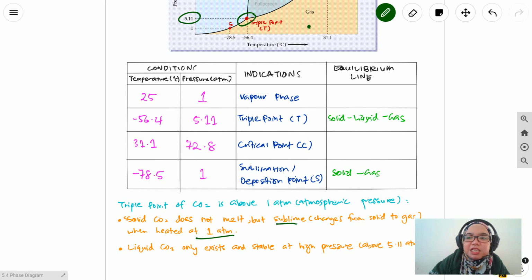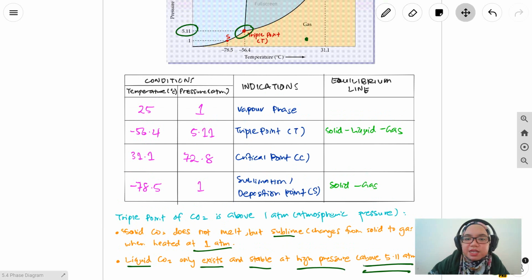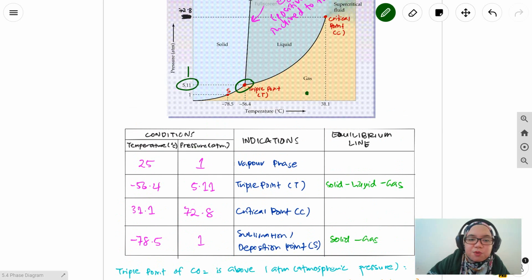So, bila je liquid carbon dioxide boleh exist? So, liquid carbon dioxide only exists, okay, and stable at high pressure. Maksudnya above 5.11 atm. So, above 5.11 atm ni barulah dia boleh pergi kepada liquid. Barulah solid can melt into liquid.